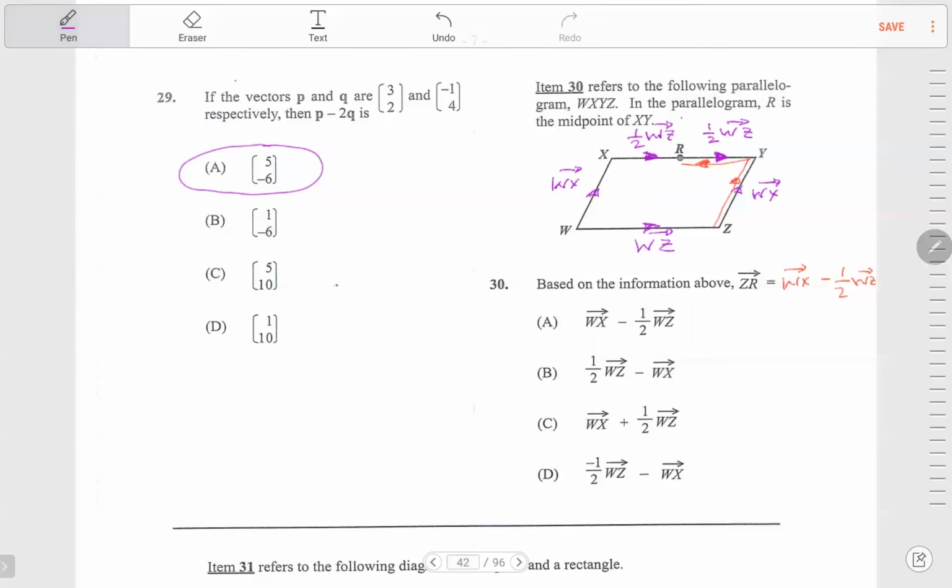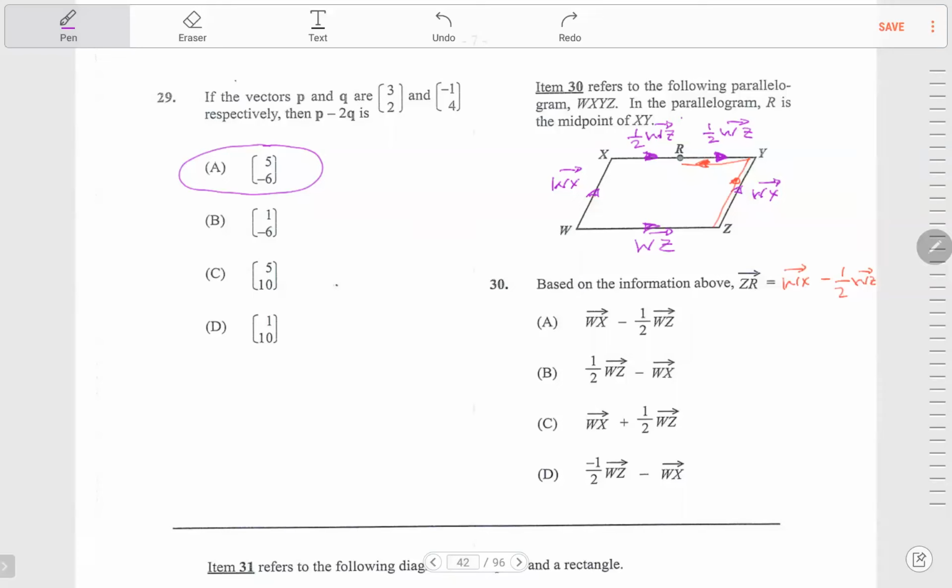So it's important to put these vectors on the diagram first, by observing that the answers are in reference to WX and WZ all the way. You wanted everything in terms of WX and WZ. Then you look at the diagram to go from Z to R: you go up to Y using WX, and you go in the opposite direction for half of WZ.